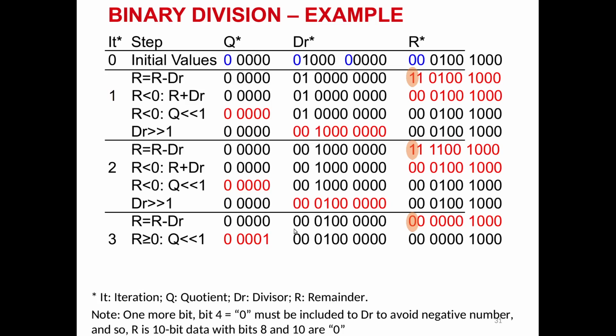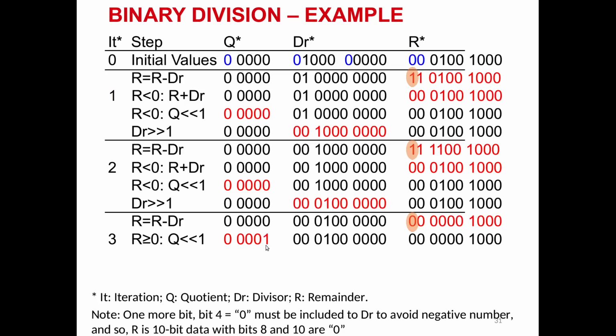Here R is larger than 0, so Q will be replaced by itself shifted to the left, but the least significant bit will be 1.